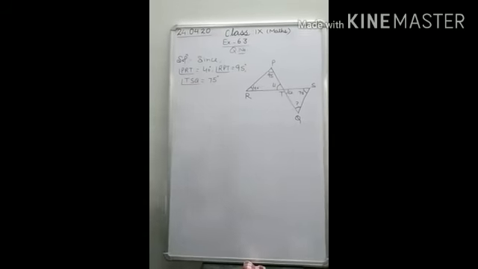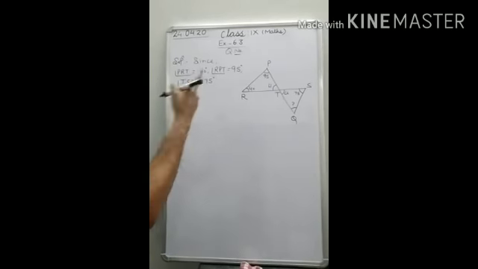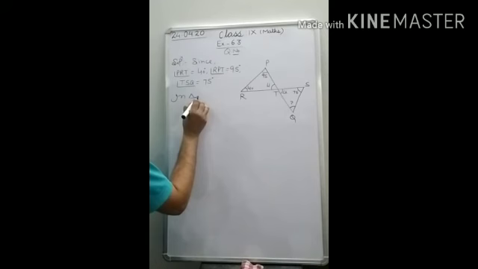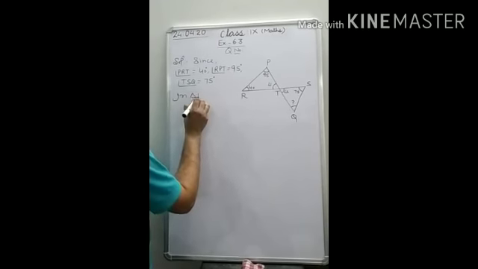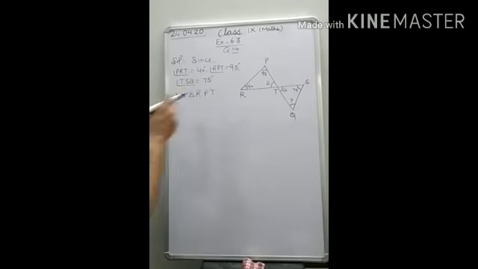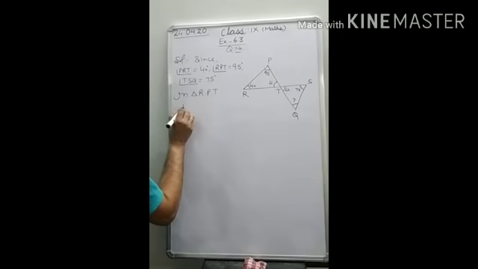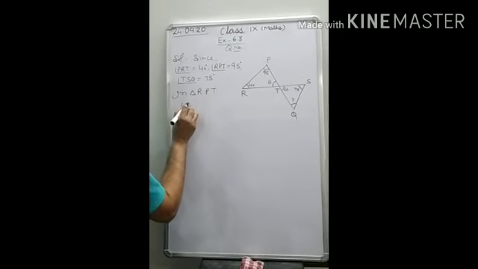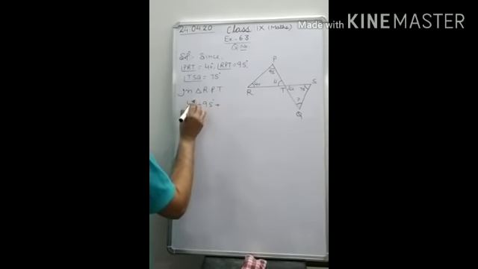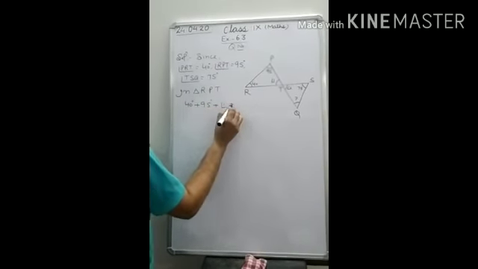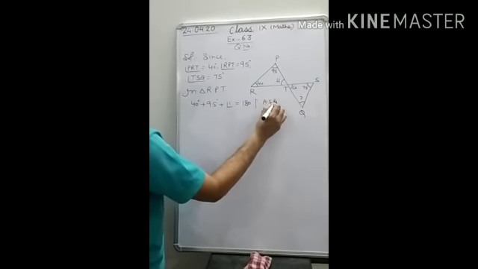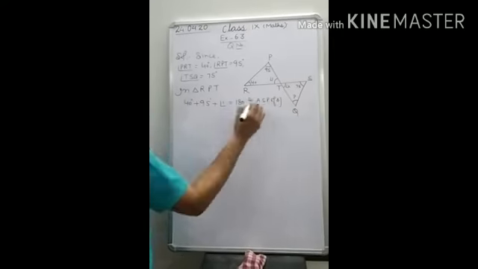These things are given, we have to find the measure of angle SQT. So first of all, you take this triangle, triangle RPT. Here what three angles are we having? We write angle R, or you write directly the measure 40 degrees plus 95 degrees plus angle 1, that is equal to 180 degrees. Why is it so? Because it is the angle sum property of a triangle.